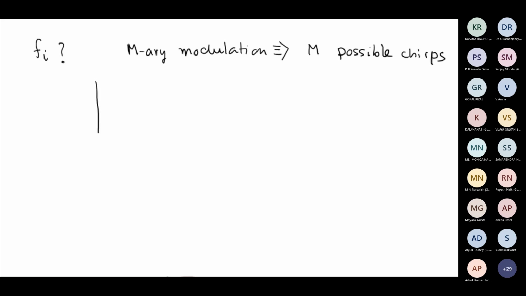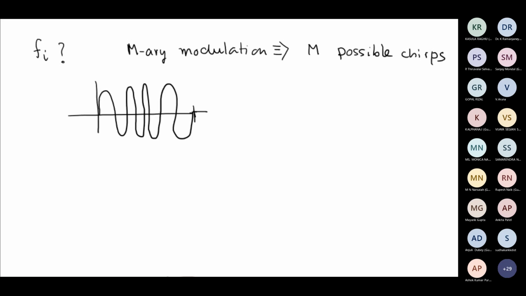And for each chirp, the length or the duration of a chirp is the same. So a chirp will always be of the same duration regardless of which modulation symbol we are talking about. So under these circumstances, the only way to differentiate between two chirps is to vary the instantaneous initial starting frequency, the starting point of a chirp.